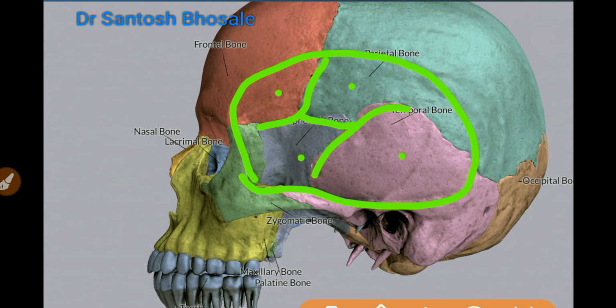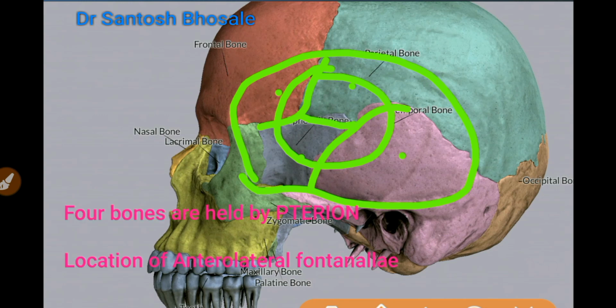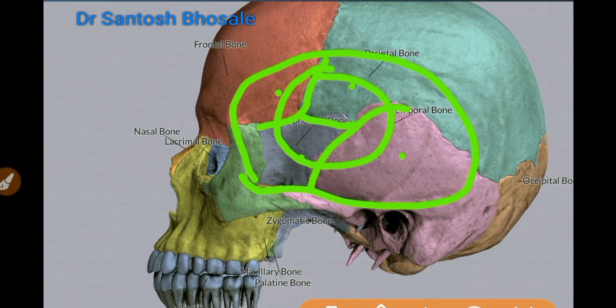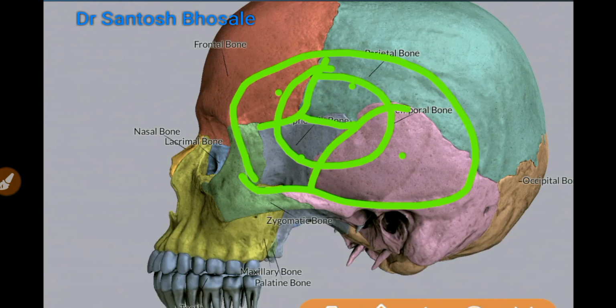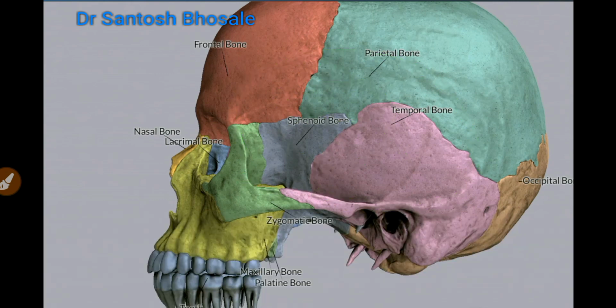That point is called pterion. So this pterion is also the location of the anterolateral fontanelle during development, and this pterion is clinically important because beneath it lies the anterior division of the middle meningeal vessels.